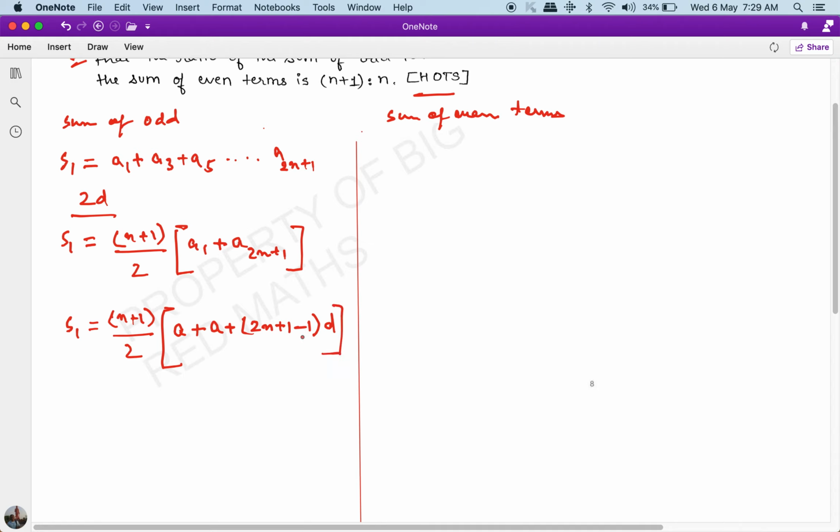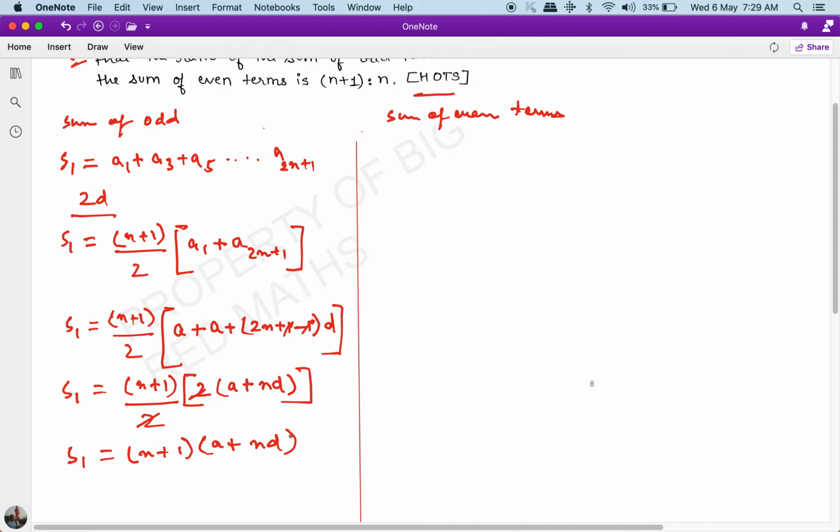Now on solving it further, what we get is n plus 1 by 2 multiplied by 2 times A plus, this is 2nd, because this will get cancelled, this is 2nd, so it will be A plus nd. And this 2 will cancel this 2, so the final answer for sum of odd terms is n plus 1 into A plus nd.